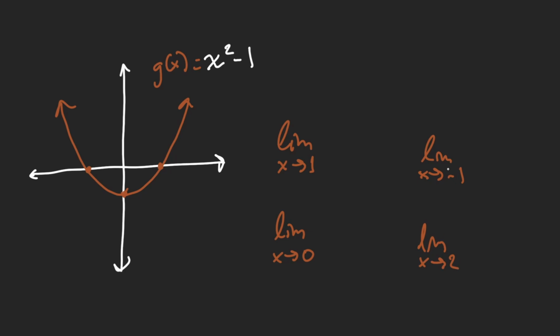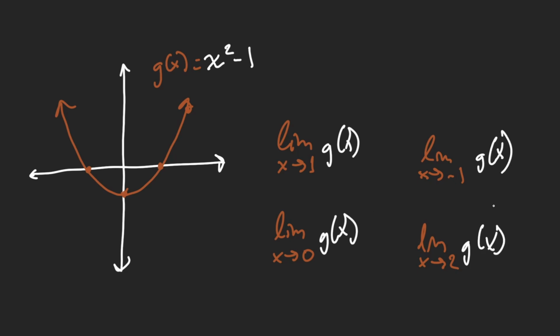So this is 2. So what are these going to be? And this is all of g of x. I know I inverted those colors, but hopefully it still makes sense. Take a moment, try to think these through. It's not all that challenging, especially given what we just went over.